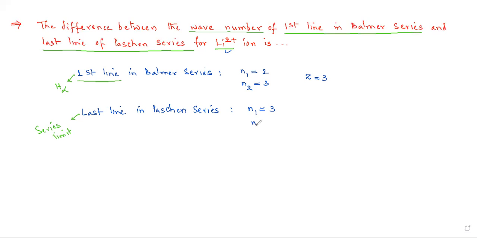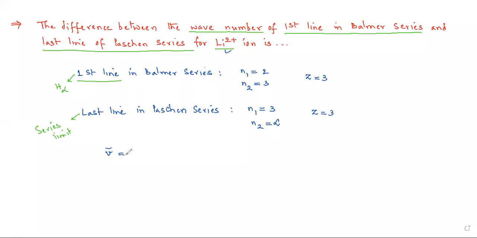And because this is series limit, N2 is infinite. Of course, even this also is for lithium+2 only. So let us consider these values and calculate the wave number.